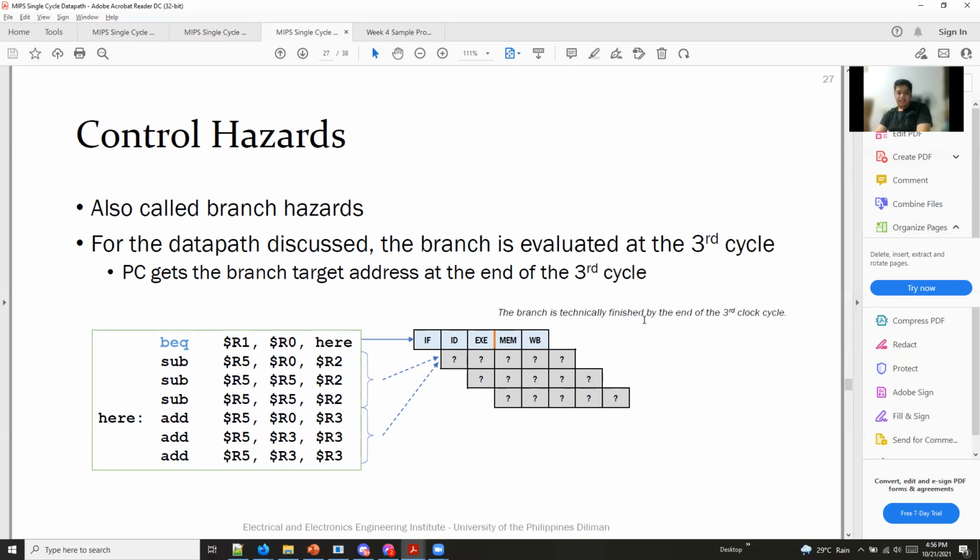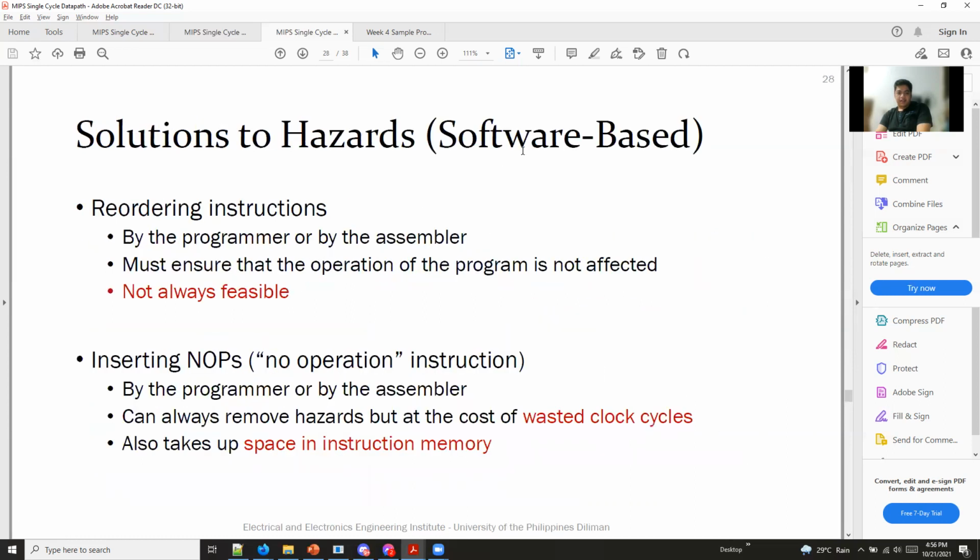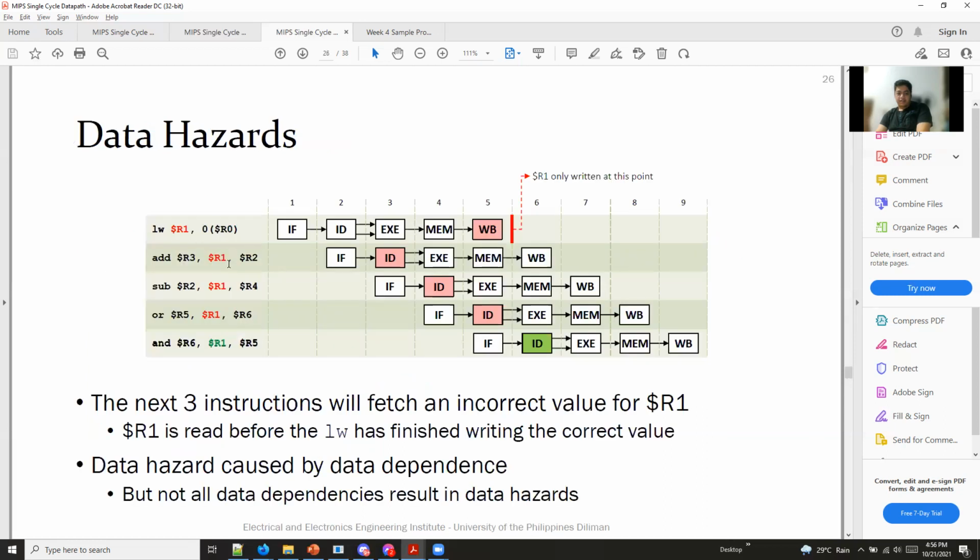So, ano yung gagawin natin when we have these hazards through software? So, yung first natin na pwedeng gawin is mag-reorder ng instructions. So, bago mo gamitin si R1, maglagay ka muna ng siguro, I think, 2 or 3 instructions bago mo siya ma-access ulit. So, yun yung pag-reorder.